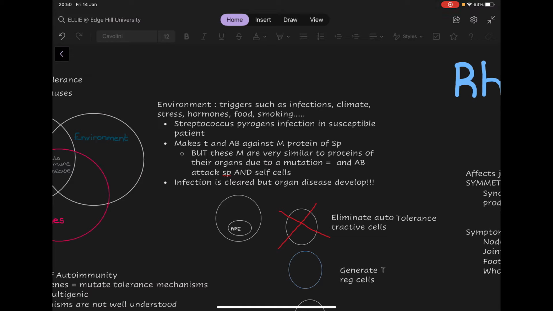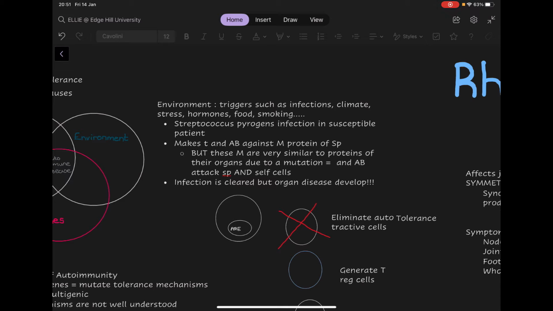Your immune response then makes antibodies and T cells against this surface protein of the Streptococcus. But remember, your sister had that mutation on her heart cells, so she has the same M surface protein on her heart cells as what Streptococcus does.